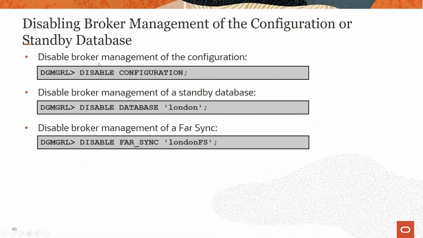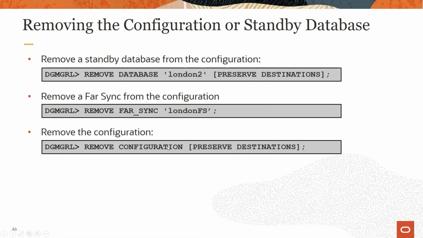And also, if a data guard broker configuration is not needed anymore, you can disable the configuration. And also, you can only disable a database if the database is not recoverable. And also, you can disable file sync. Finally, you can remove a database, but preserve the destination.